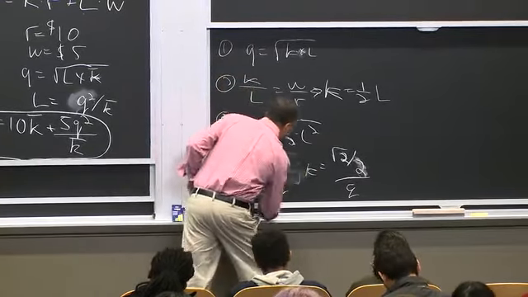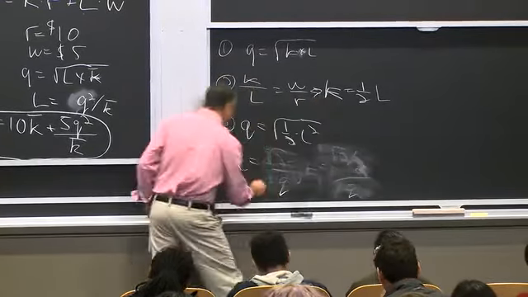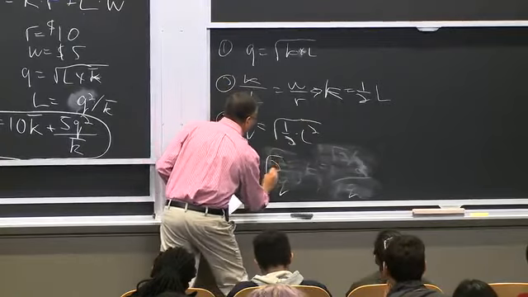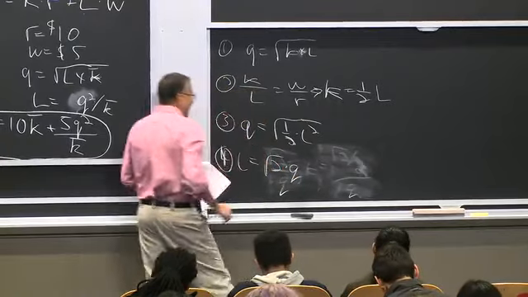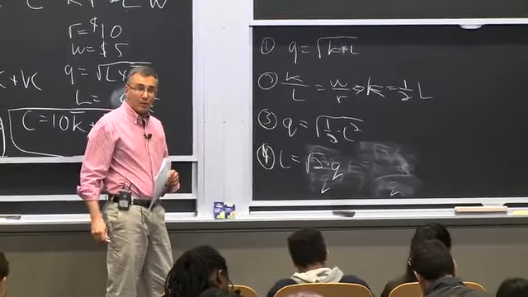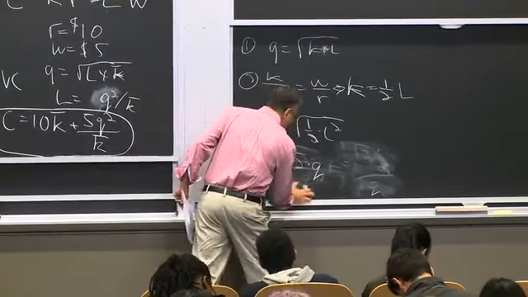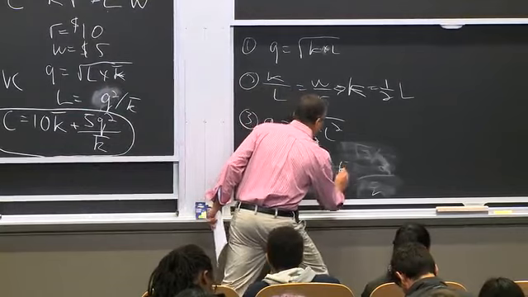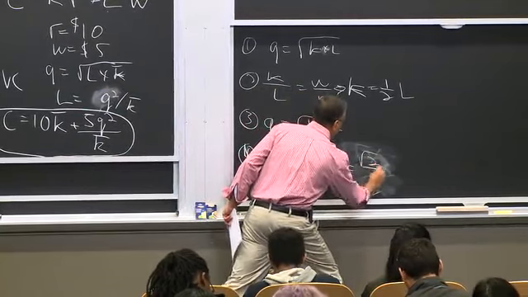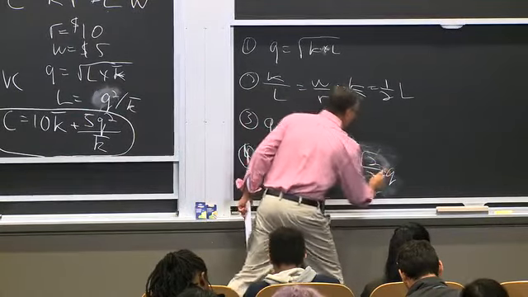Error. I should always look at my notes. It's the square root of 2 times Q. My bad. L is the square root of 2 times Q, and K is the square root of 2 over 2 times Q.